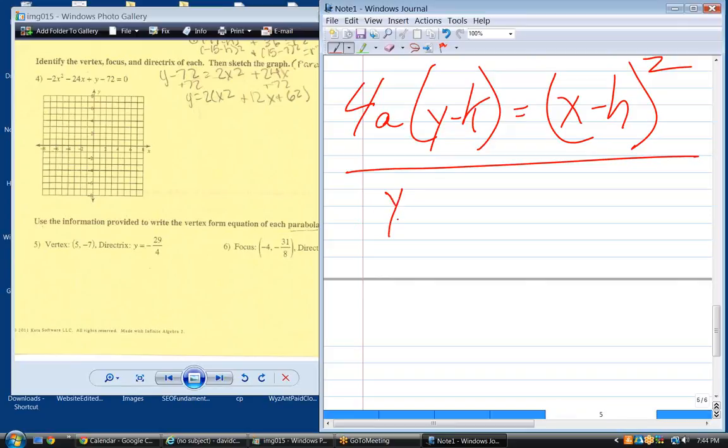And so I have y minus 72 equals 2x squared plus 24x. Now, why do I set it up like that? Because I'm going to get this by completing the square.